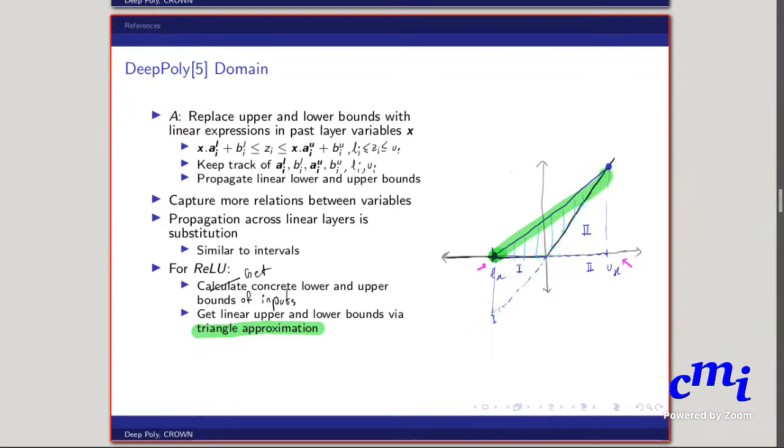Yeah. So we have two choices for the lower bound, this and this. So then what it really comes down to is choosing between either this or this, right? The upper bound is always going to be the line joining these two endpoints, if you will. And then the lower bound is going to be a choice. Either you take this line or you take this line, right? But which of these two do you take?